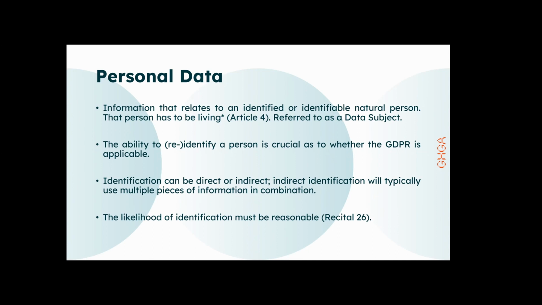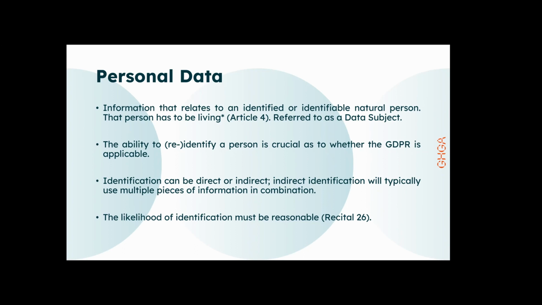What this argues is that the likelihood of identification has to be reasonable. There may be circumstances in which data could be re-identified, but it's whether the methods that would be required to do so are reasonably likely to happen and take a reasonable effort.